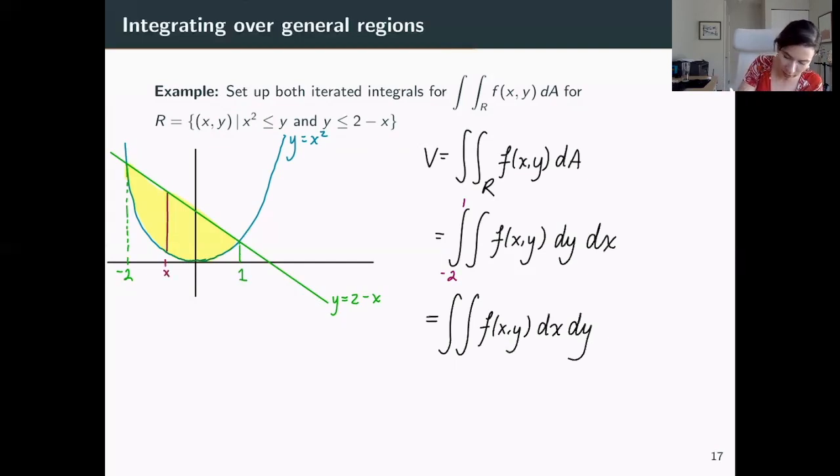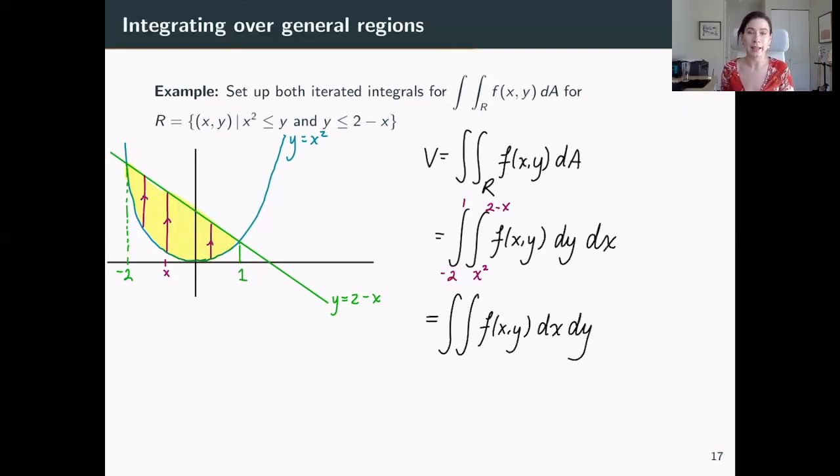I want to think about, for the values of x between -2 and 1, how is my y changing? Again, I'm going to have these kinds of bars that are going to represent how my y is varying. And here we can see that the y is varying from x squared all the way up to the top curve of 2 minus x. So that's going to give me limits of integration being x squared all the way to 2 minus x.